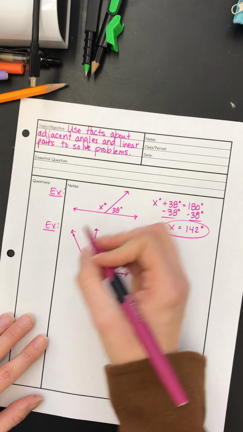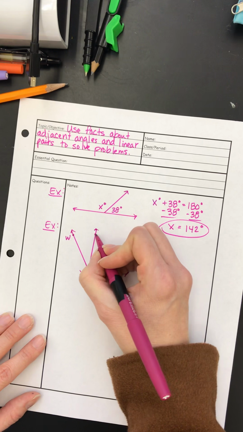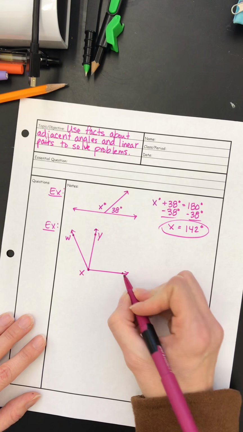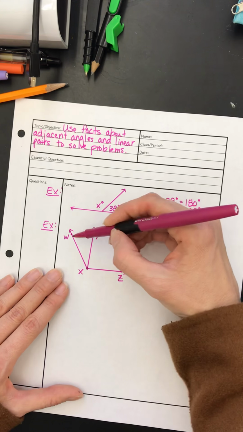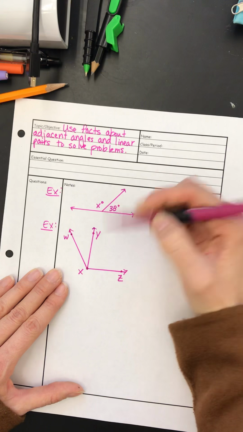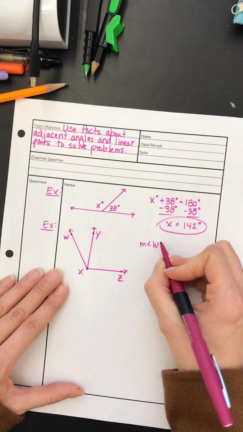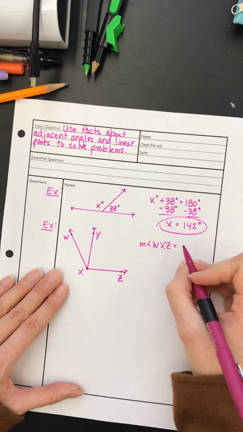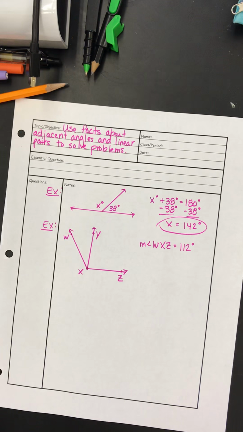Let's give these angles a name, W, X, Y, and Z. And let's say that we know that this whole thing, the measure of angle WXZ, is equal to 112 degrees, okay?